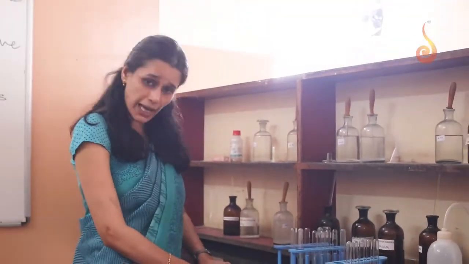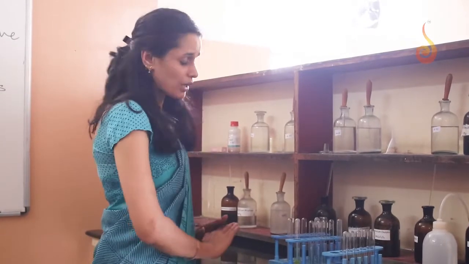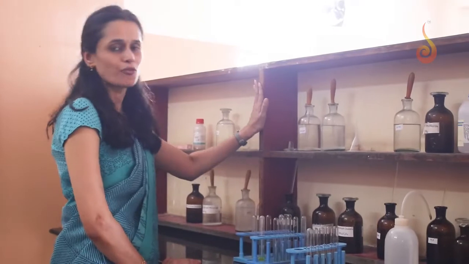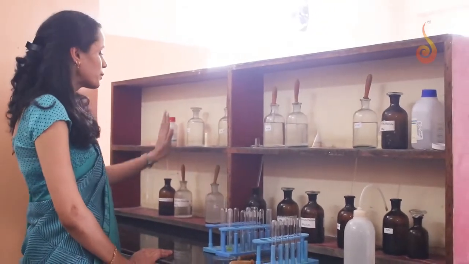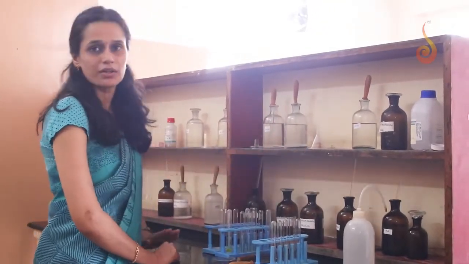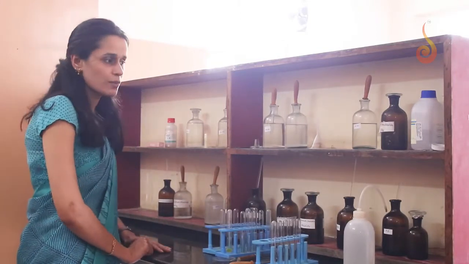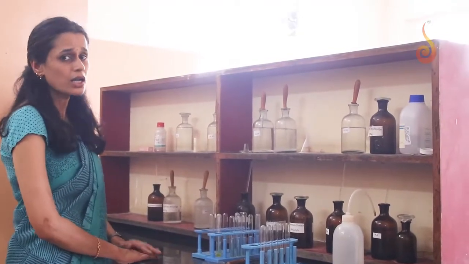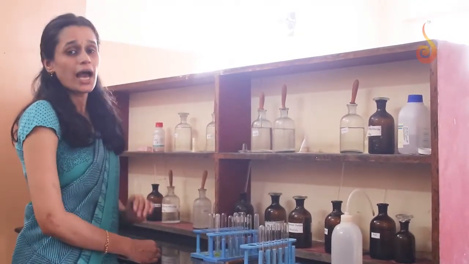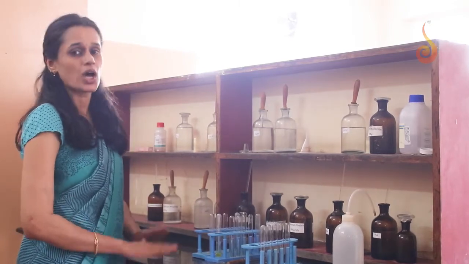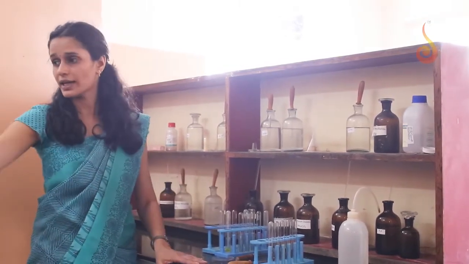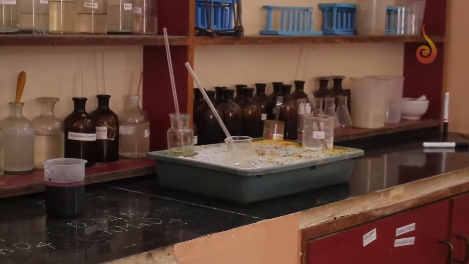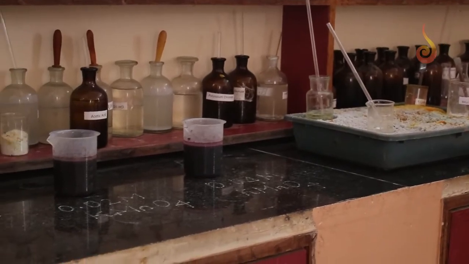But apart from that, in the chemistry lab, we have a working table and also a shelf on the working table, and we place certain important reagents on the working table. All the reagents placed on the working table are commonly used, and there are certain reagents which are kept separately, like the acids and certain chemicals; those are less commonly used.